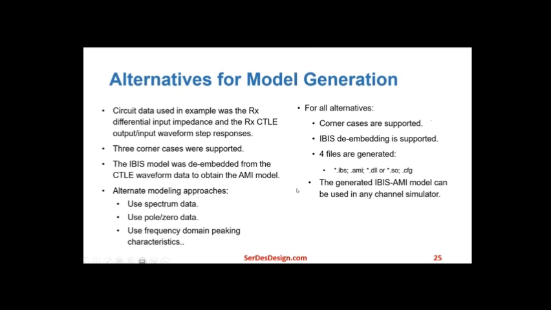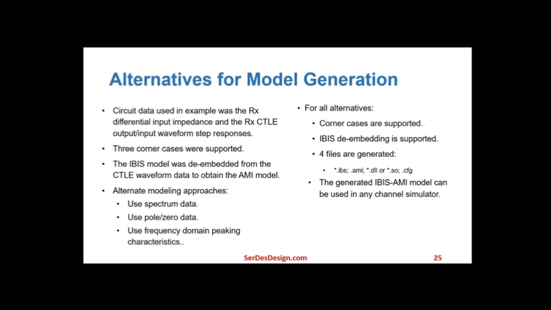Alternatives for model generation. Circuit data used in this example was the Rx differential input impedance and the Rx CTLE input-output waveform step responses. Alternative modeling approaches can include the use of spectrums, the use of pole zero data, the use of frequency domain peaking characteristics.